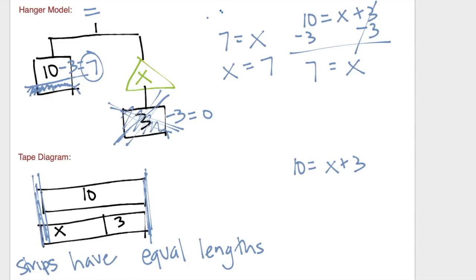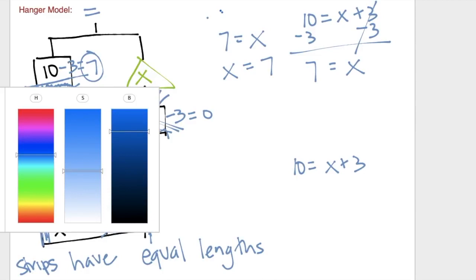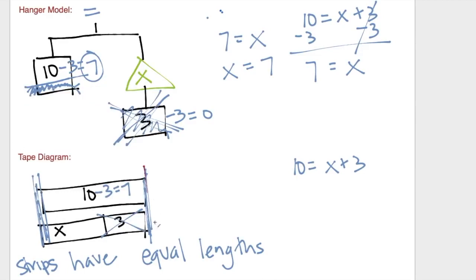Okay? So same thing here. I want to get x by itself. X is attached to this 3, so I could get rid of this 3 here. If I do that, I also have to subtract 3 on this side to get 7. Because if I were to now change the length from here to now here, it's going to be shorter for both sides because I always want to maintain that the top strip is the same length as the bottom strip.